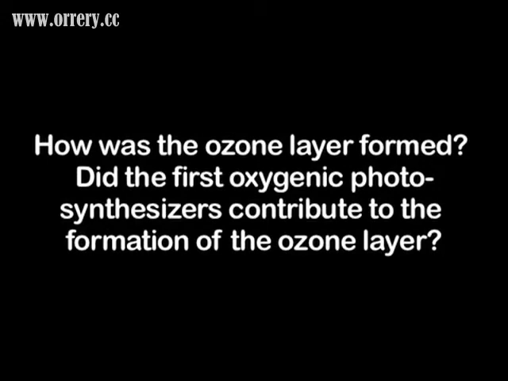As far as we know, there are two mechanisms for the production of ozone. One would be photolytic dissociation of water in the upper atmosphere, and the second is the production of photosynthetic oxygen, in other words, oxygen as a gaseous byproduct of photosynthesis.